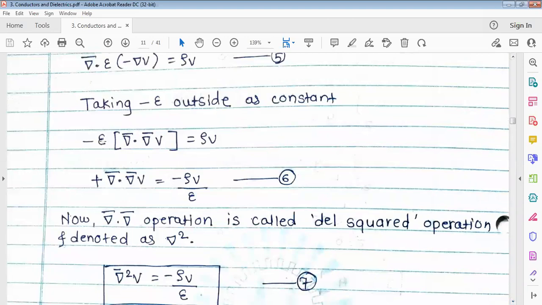This minus epsilon is taken to the right side, divided by minus epsilon, means the sign is minus. So it is minus rho v divided by epsilon, and this is del square v is equal to minus rho v divided by epsilon. Okay, clear now?